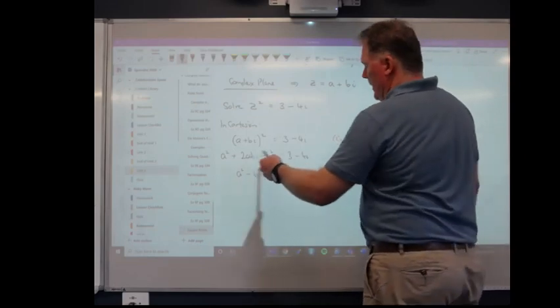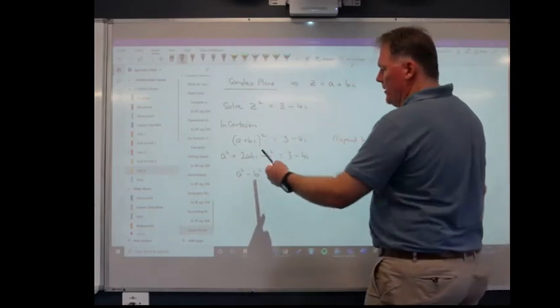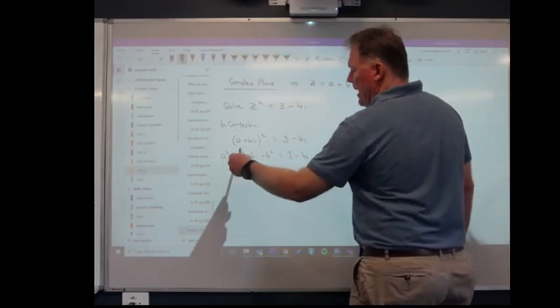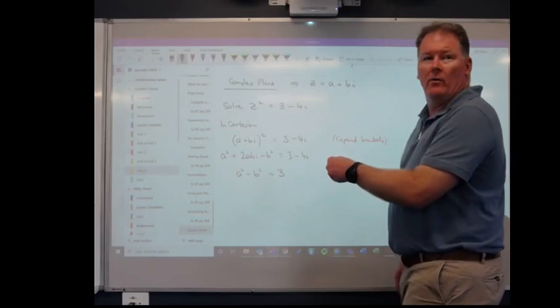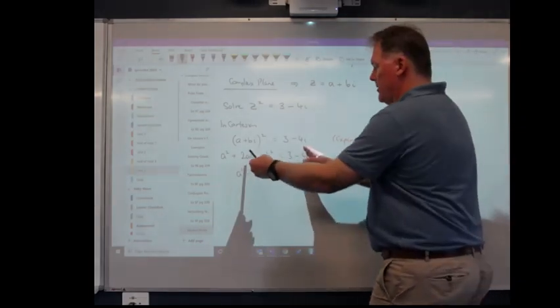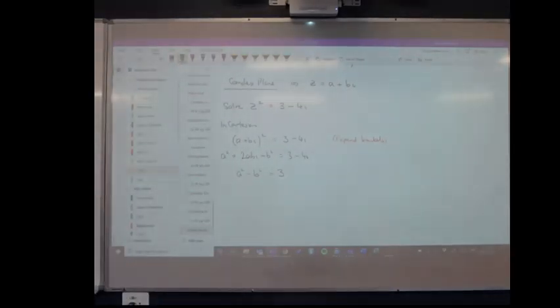Similarly, the imaginary part, the 2ab on this side, must equal negative 4. Otherwise, those two sides of the equation can't equal each other. Okay? So I've got a squared minus b squared is 3, and 2ab is equal to negative 4.